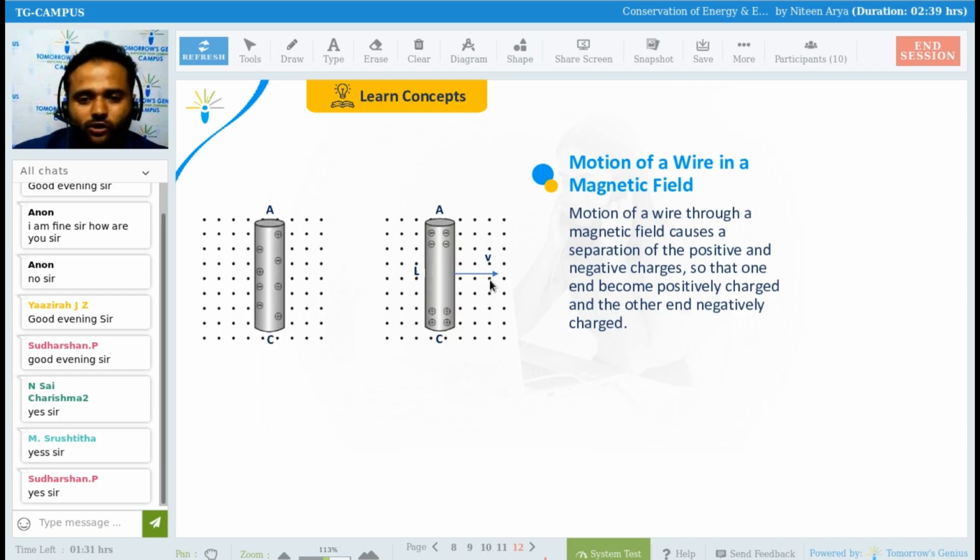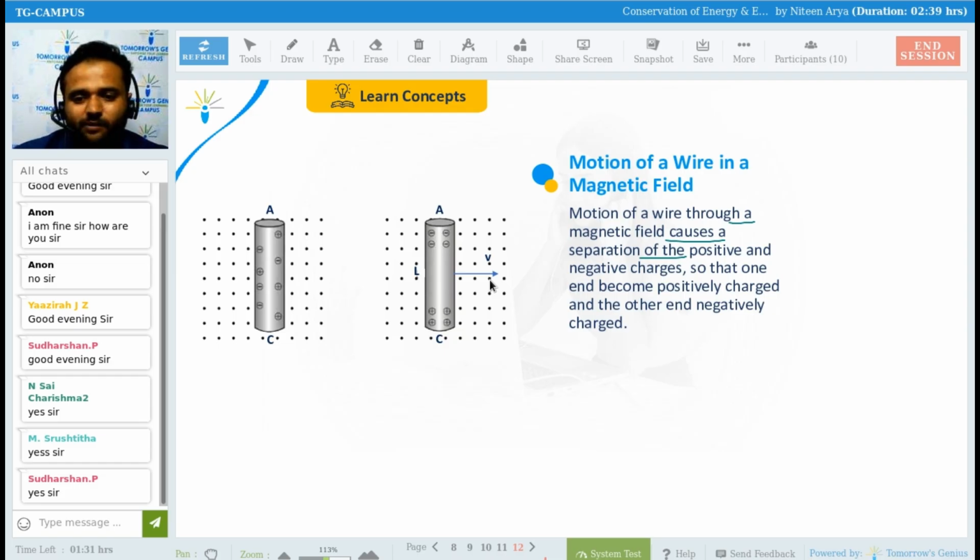Nothing more than that. So, motion of a wire in a magnetic field, what happens? If you move your wire or a conductor in a magnetic field, the motion of the wire through the magnetic field causes a separation of positive and negative charge. Separation of positive and negative charge means induction of charge. This is the meaning of induced charge.